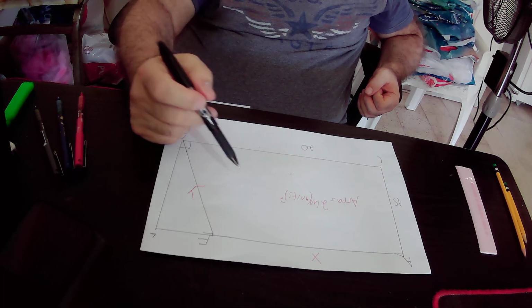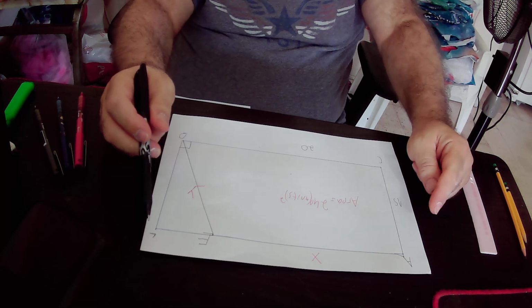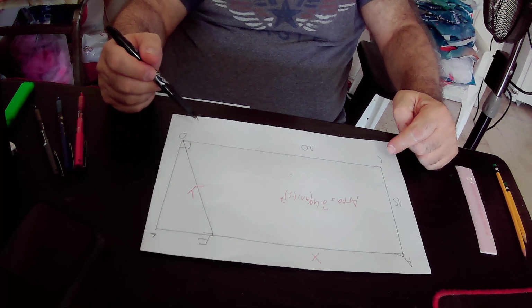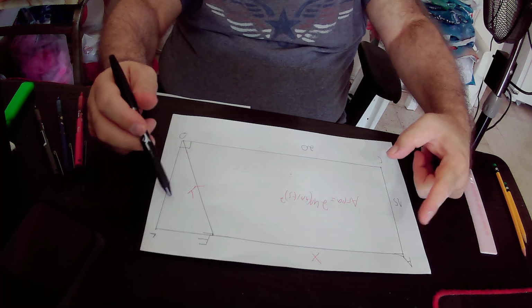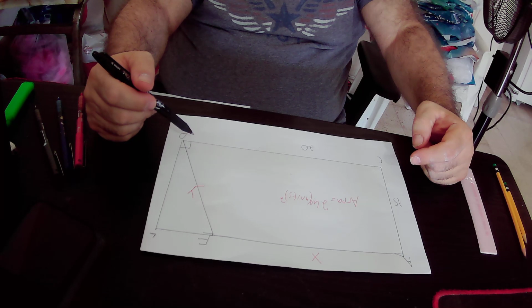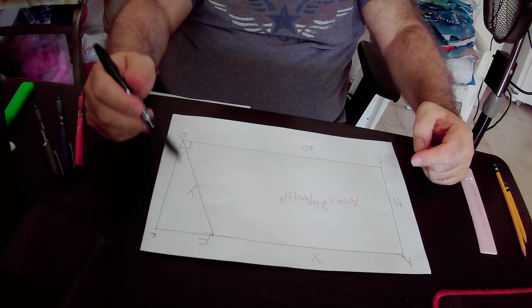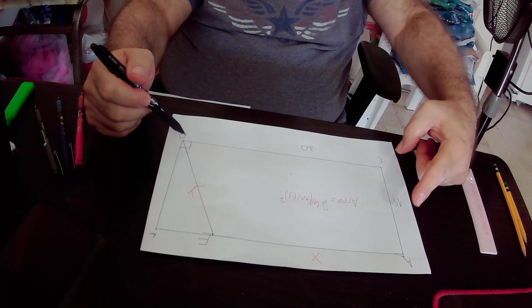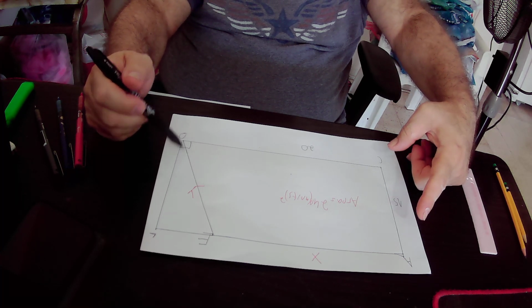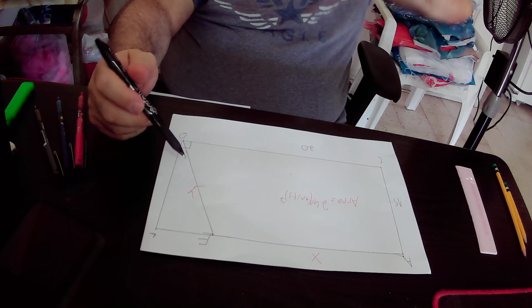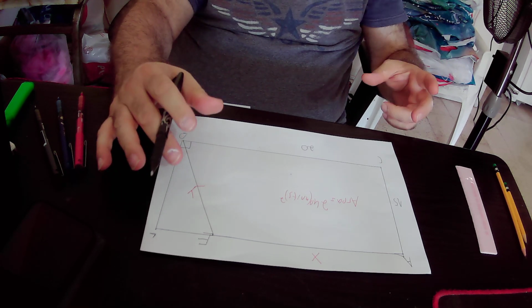The size of AL is 20 units, the same as CD, and they are parallel to each other. Also LD is parallel to side AC, and it also equals 15 units. So we built a rectangle.